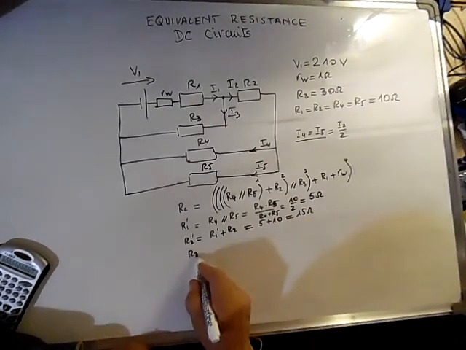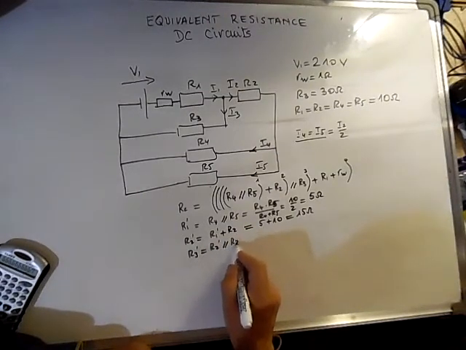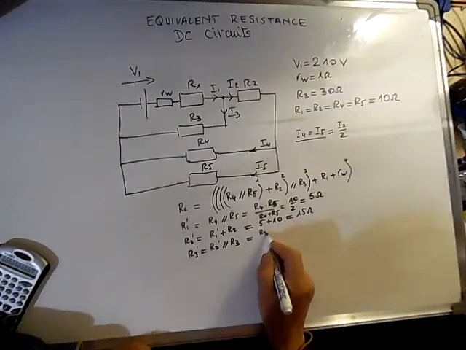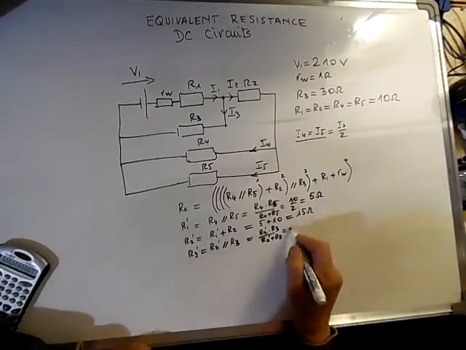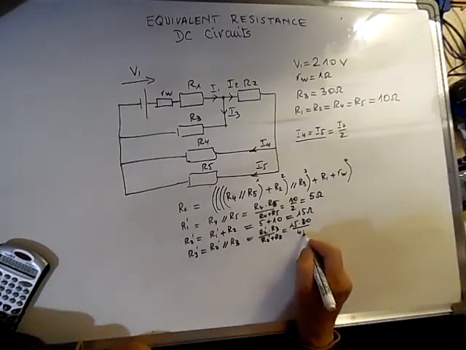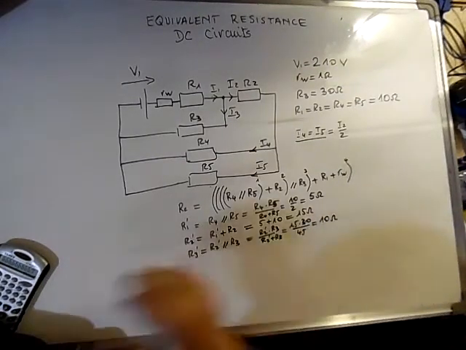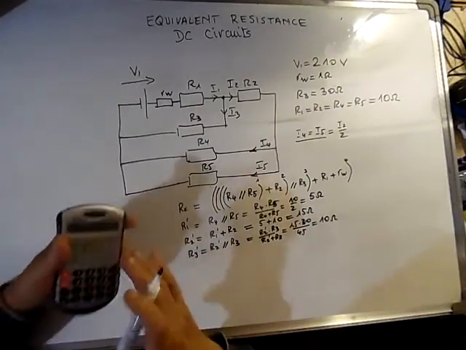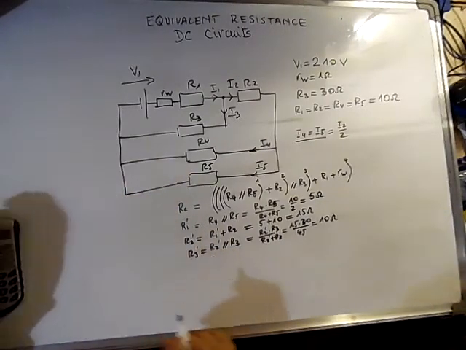Now R3 prime, it's R2 prime in parallel with R3. So it means it's R2 prime times R3 over R2 prime plus R3. So it means it's 15 times 30 over 45, and this is 10 ohms, if I'm right. That's right, it's 10 ohms.